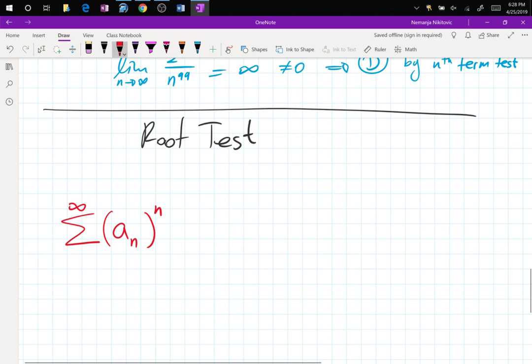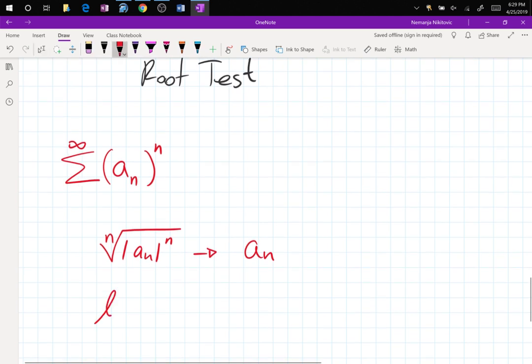It doesn't matter where it goes. And then the root test goes this way. You take the nth root of your absolute a_n to the n, which will give you just a_n.